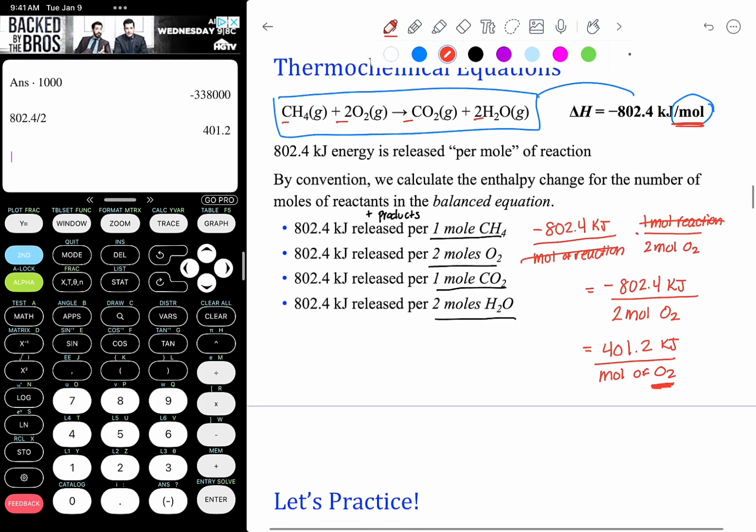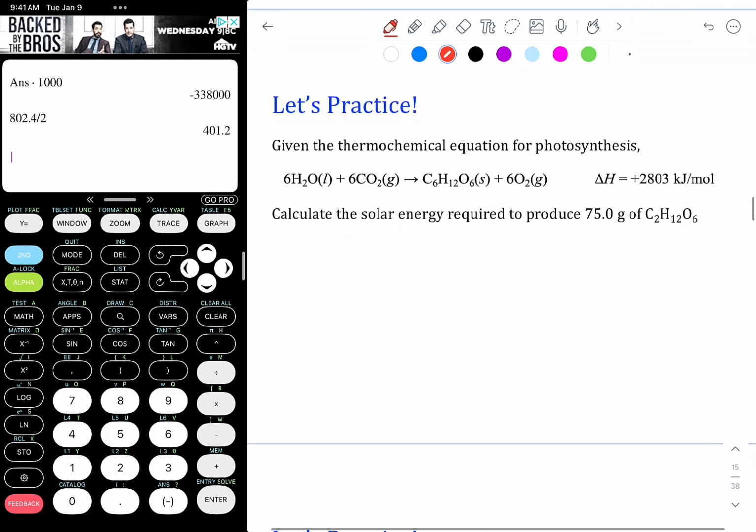Okay, so let's do a few practice problems with this. Given the thermochemical equation for photosynthesis, we're given it here: water and carbon dioxide create glucose and oxygen. Calculate the solar energy required, so here's our energy.